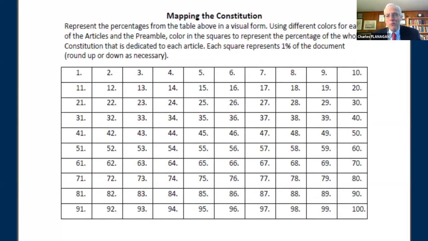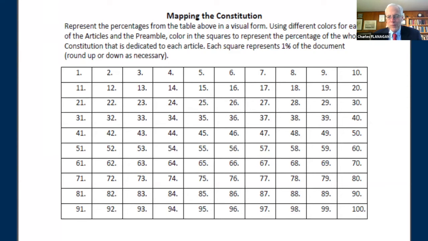Ideally, you come out with your Constitution filling 100 rectangles for the whole thing. But again, with rounding, sometimes I've come out at 99, and some groups have come out at 101. I tell them, we don't sweat the little stuff like that. The big thing is what ideas can we discern from this map that we've made. But you get them in order from the preamble down through Article 7, and you'll have a very colorful display, and I'll show you one in just a minute.